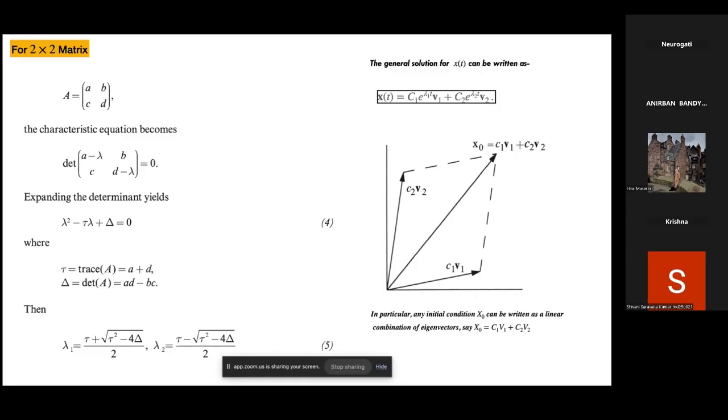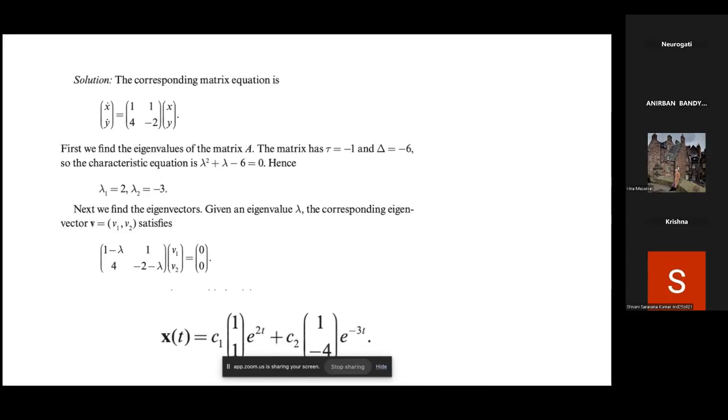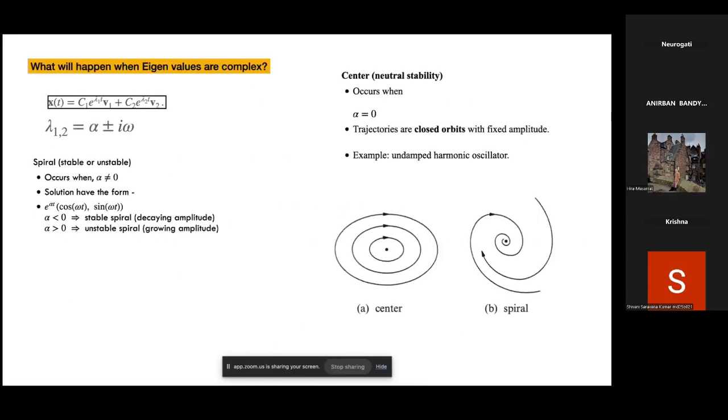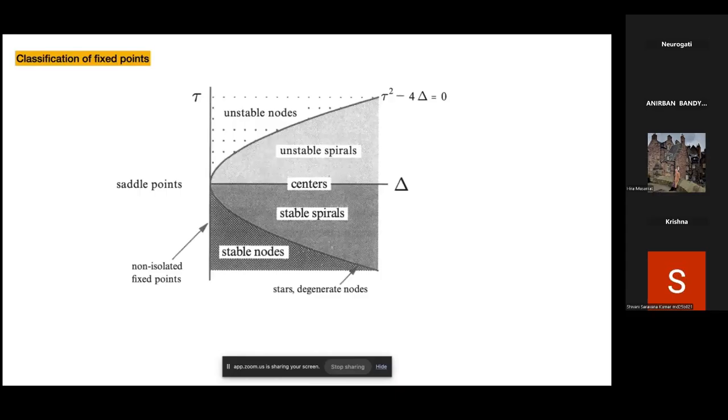Tau is the sum of the eigenvalues, lambda 1 plus lambda 2, and del is the product of the eigenvalues, lambda 1 times lambda 2. When you find tau and del, you can plot them and find out where the tau and del position is.